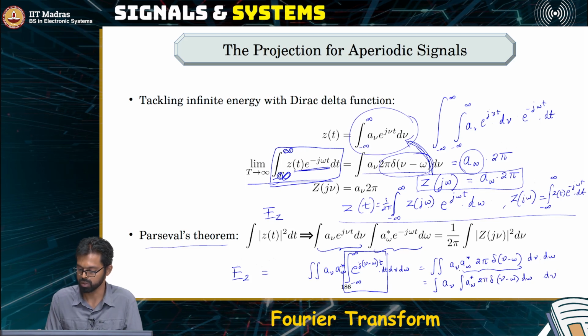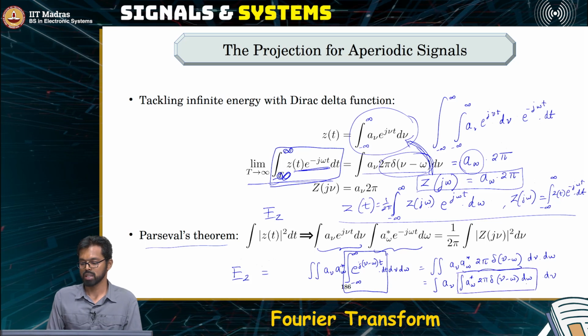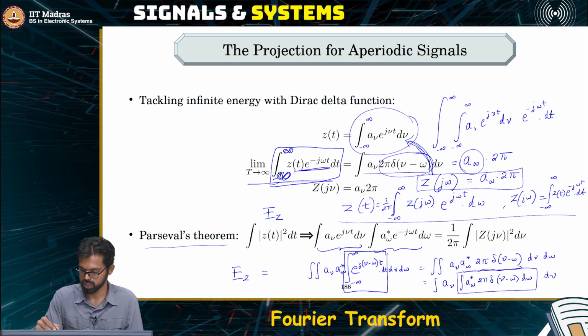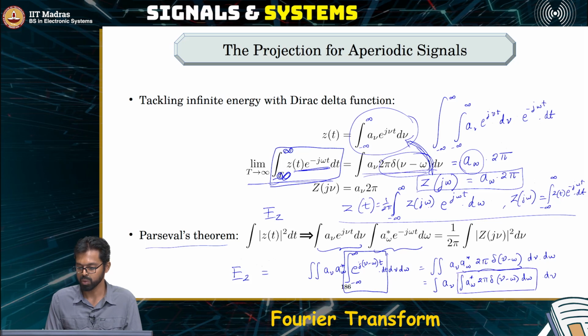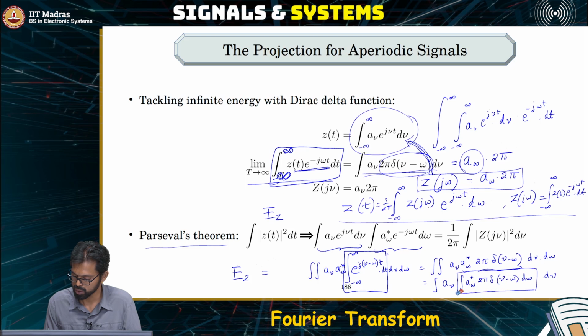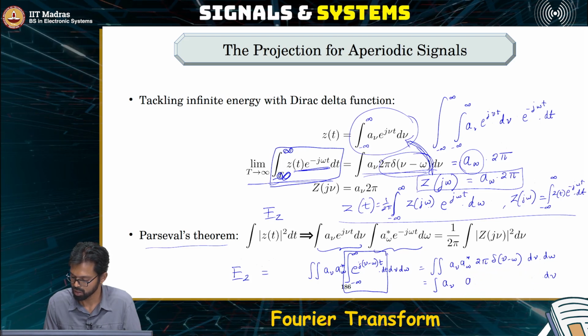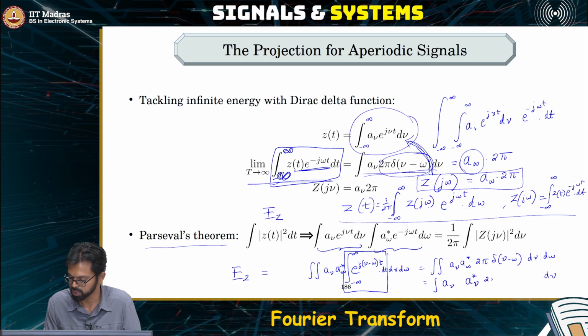We keep changing the order of integration so that our life becomes simpler. Evaluate this. This is 1, or basically the same result once again. So this is equal to a omega star when nu is equal to omega. In other words, you can replace this entire thing with a of nu star times 2 pi.